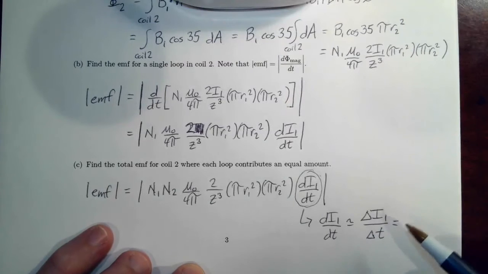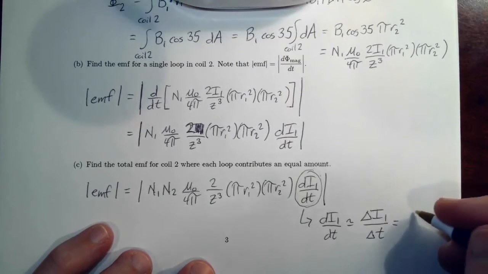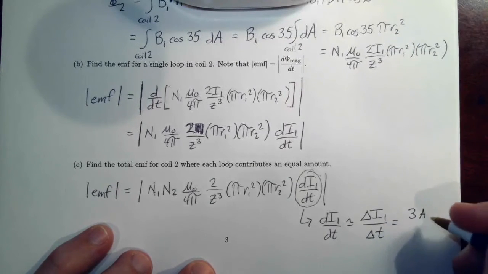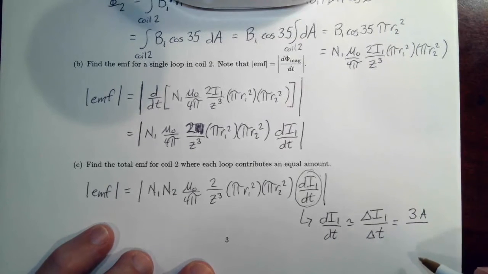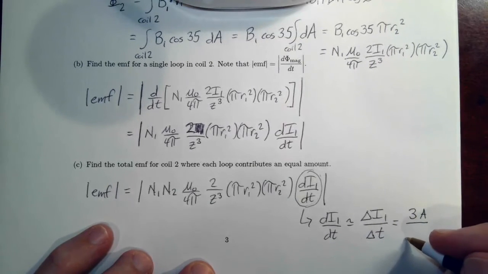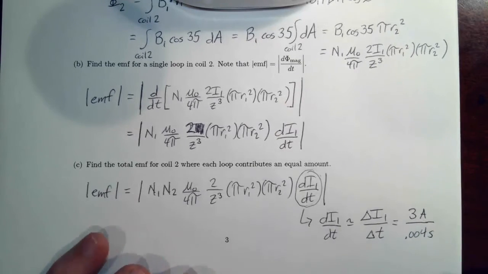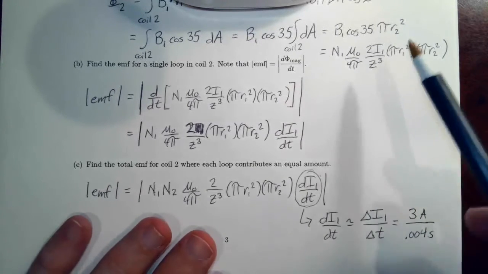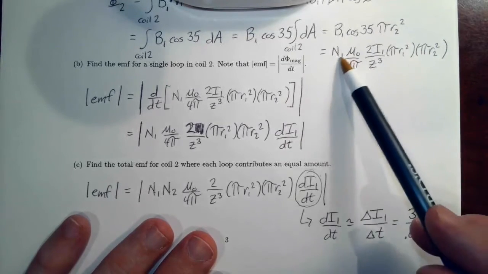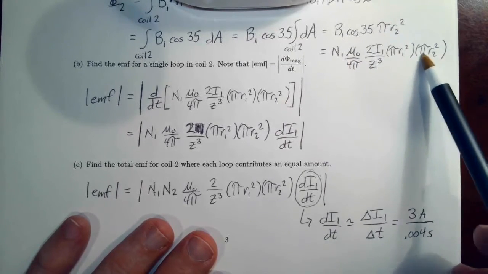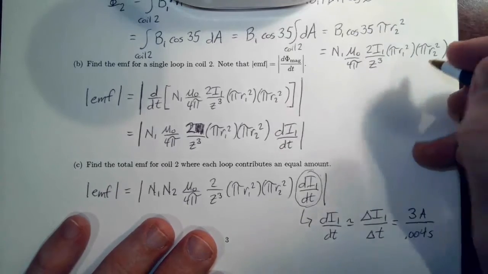So delta I1 goes from 0 to 3, so that's a change of 3 amps in 4 milliseconds. I'm going to convert that to seconds, so that's 0.004 seconds. Okay, and now the cosine 35, I dropped it up here. So I plugged in for B1, I included the pi R2 squared, but I forgot to include the cosine 35.